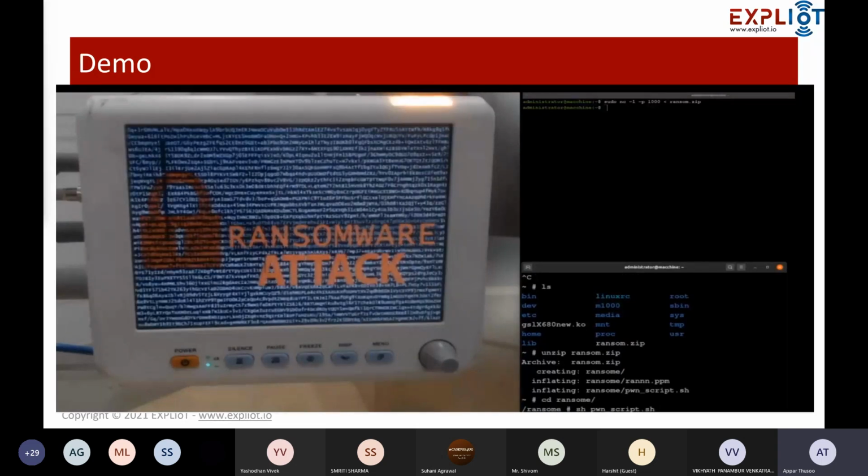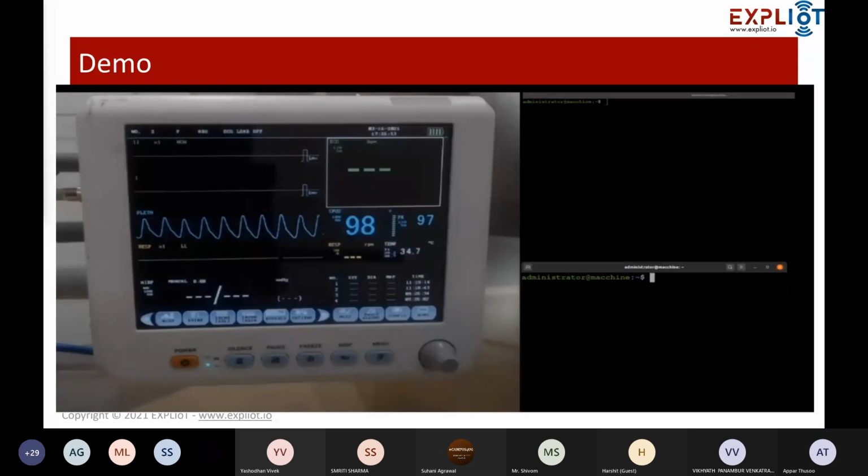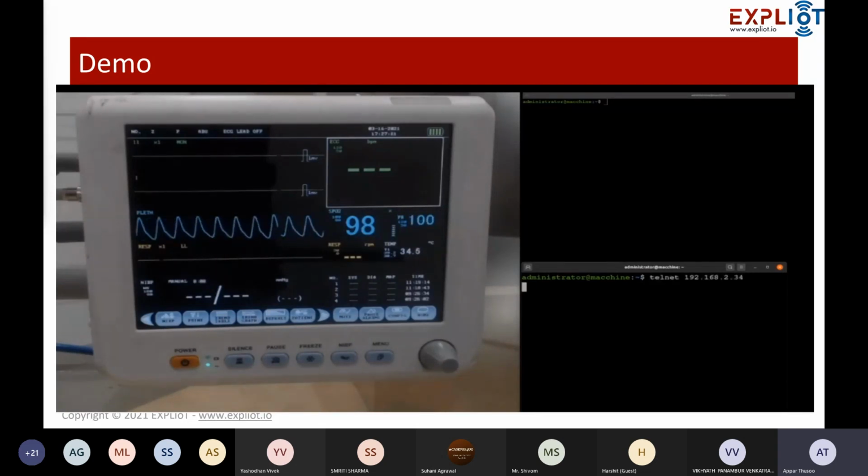Once the device was rebooted and set back into the usual state, it had ransomware installed on it, and this would make the device unusable unless the ransomware is taken care of. In the next demonstration, this is the same device, and it had telnet enabled by default in its firmware.